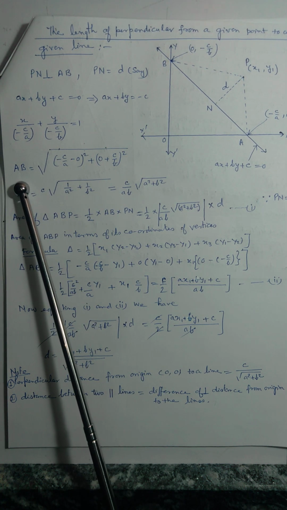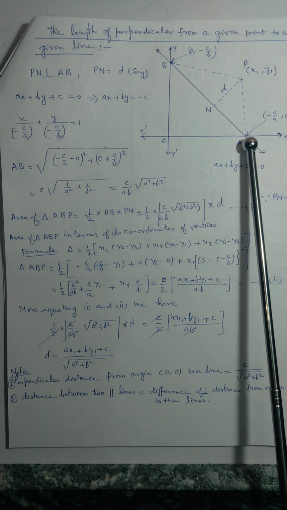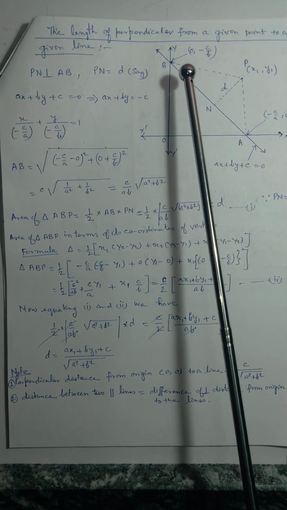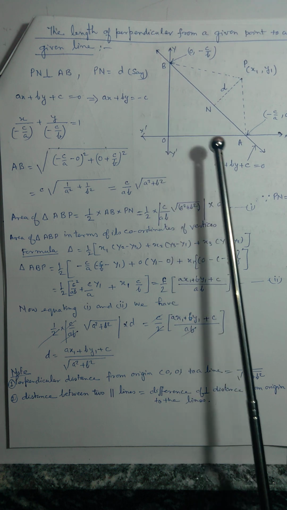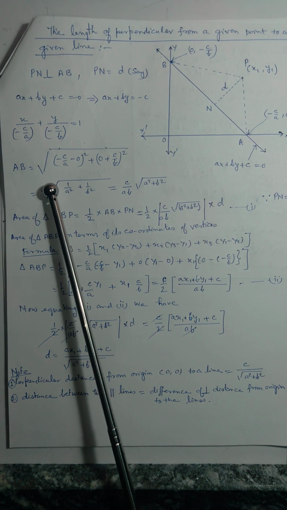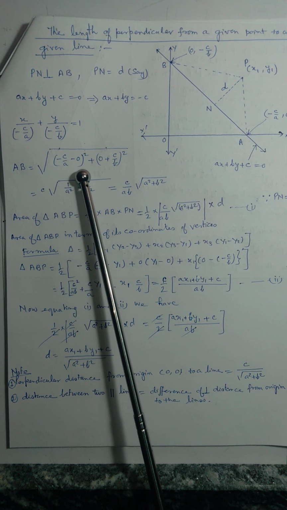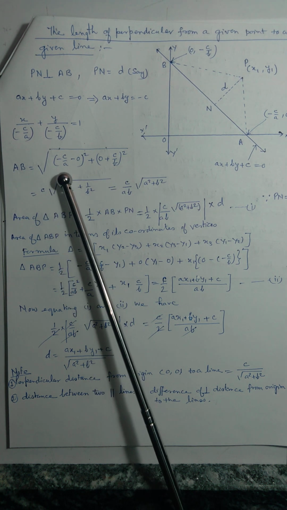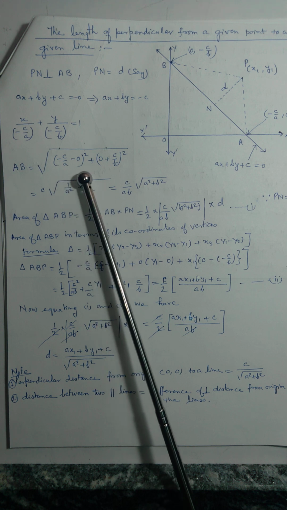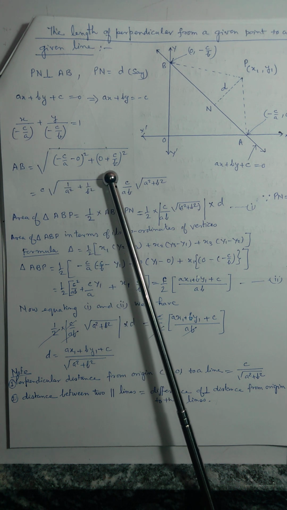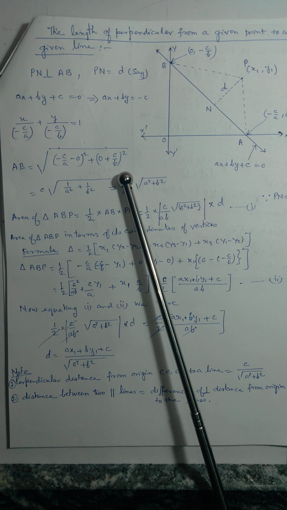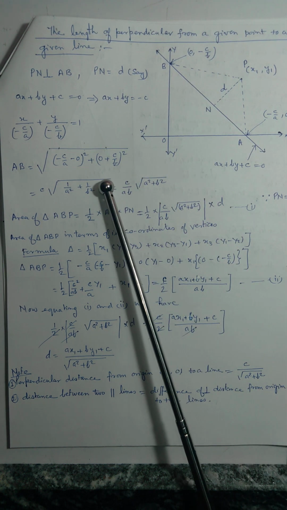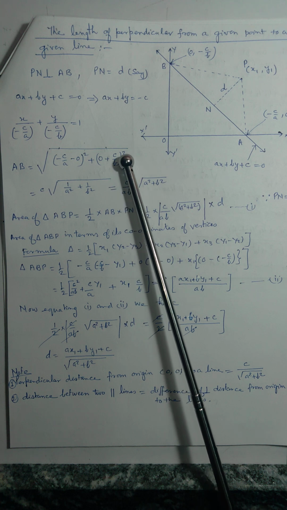So what is AB? The coordinates of A and B are given. With the help of these coordinates, you can find the distance between A and B. The distance is the square root of x1 minus x2 whole square plus y1 minus y2 whole square. Here, minus c by a minus 0 whole square plus 0 minus, minus c by b, minus will become plus, so plus c by b whole square.